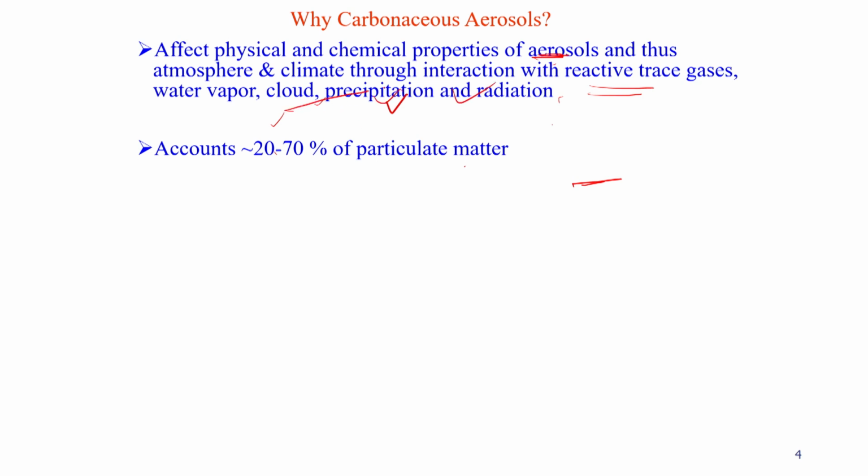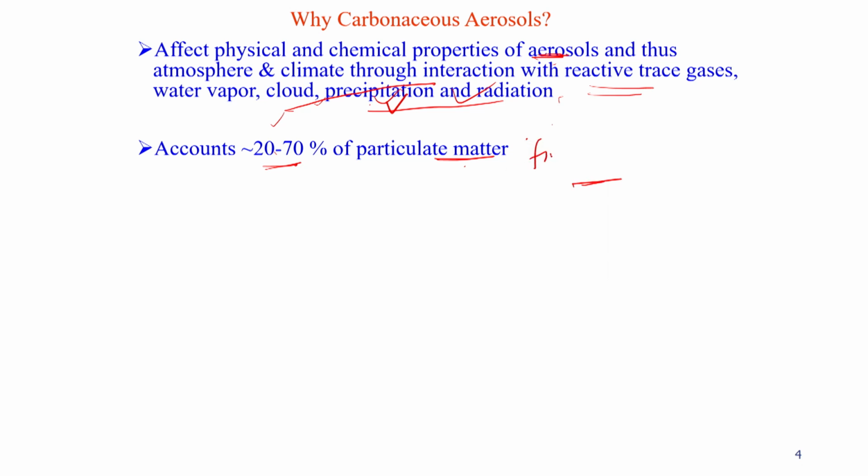We will have a separate lecture on the interaction of aerosols with cloud and precipitation as well as radiation. And as I said, they account for about 20 to 70% of particulate matter, let me be more specific, in fine mode.